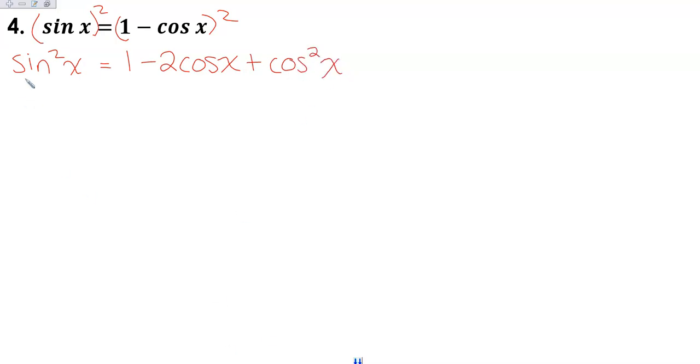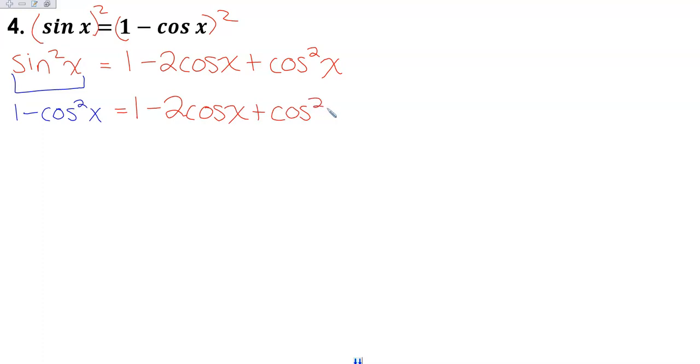I'm going to go ahead and take this sine squared and replace it with 1 minus cosine squared, since I have 2 cosines on the other side. And this is going to be 1 minus 2 cosine of x plus cosine squared of x over here. So we're going to make life easy and set cosine x equal to c.